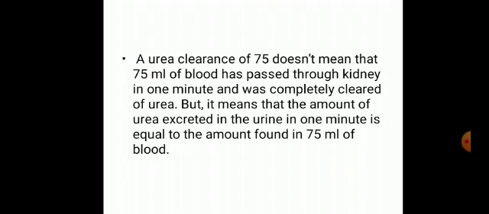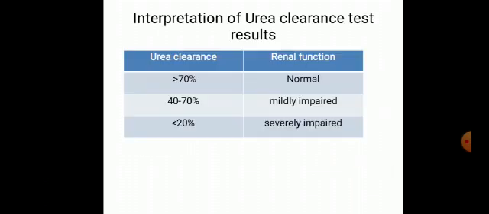Take an example: a urea clearance of 75 doesn't mean that 75 ml of blood has passed through the kidney in 1 minute and was completely cleared of urea, but it means that the amount of urea excreted in urine in 1 minute is equal to the amount found in 75 ml of blood or plasma.